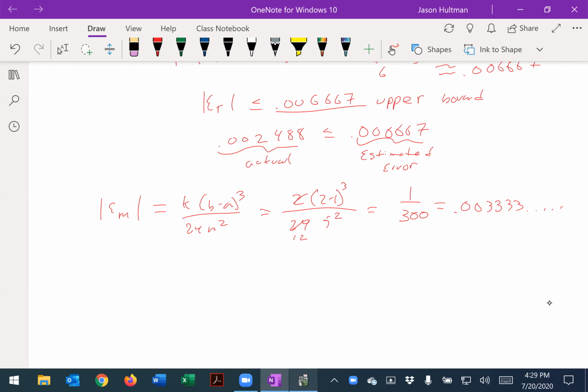Our actual midpoint error was 0.001239, and that is less than or equal to our estimate of 0.00333. So this is our actual error and this is our estimated error. Again, it just gives us a ballpark to work in for these errors.